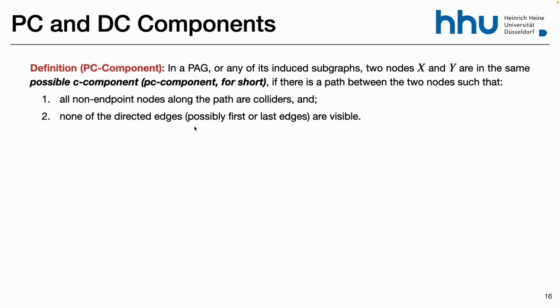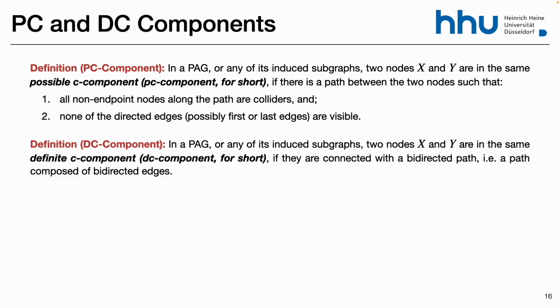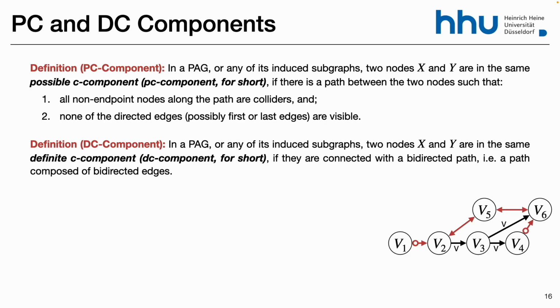And all of them are possible C components, right? So the important part is that all in the middle are colliders, and if we have a directed edge, which could be in the first and the last, they have to be invisible, right? A definite C component, or DC component, is the one that has a bidirected edge, even in the first and in the last edge.